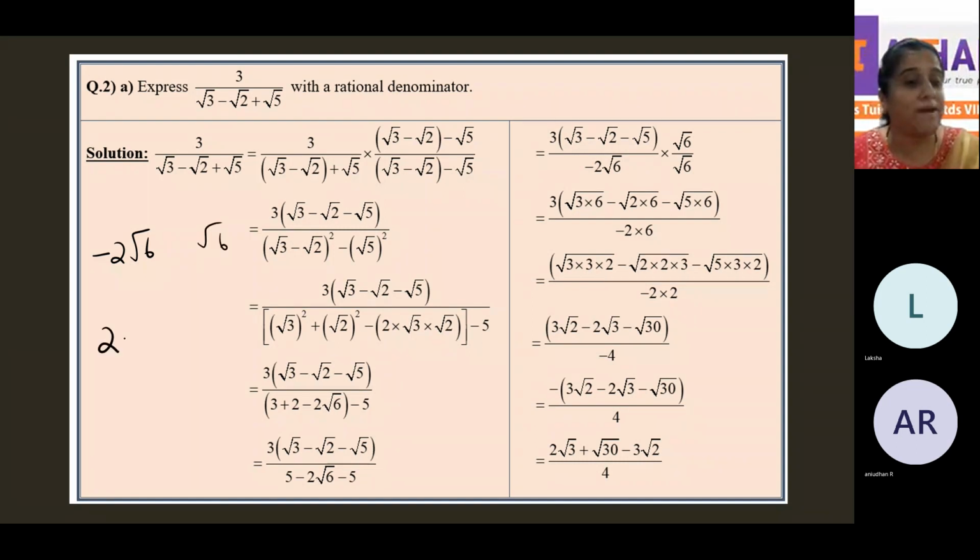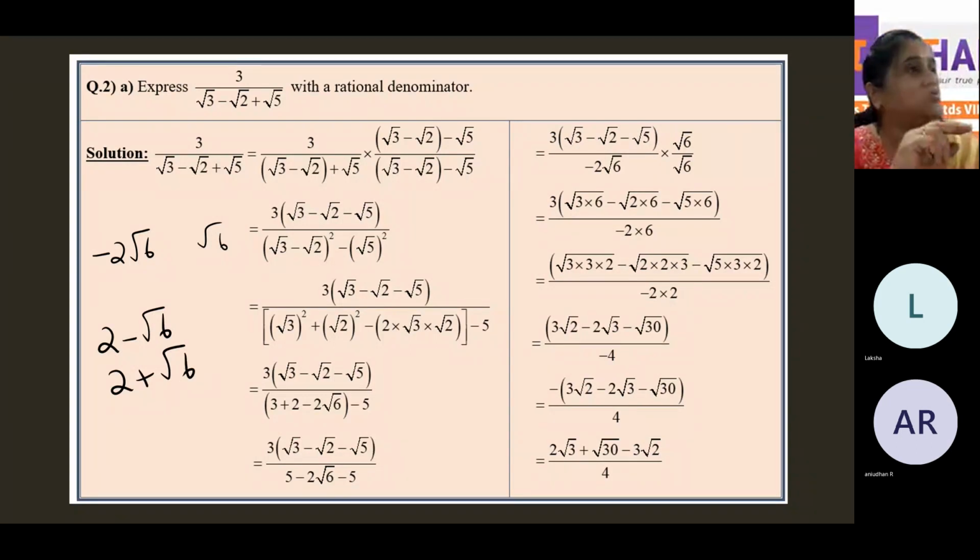But if you had 2 minus root 6 in the denominator, then you will have to multiply and divide with 2 plus root 6. For 2 minus root 6, 2 plus root 6 is the rationalizing factor. For 2 plus root 6, 2 minus root 6 is the rationalizing factor.